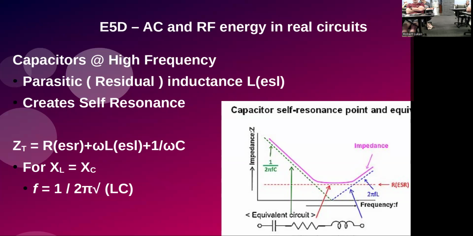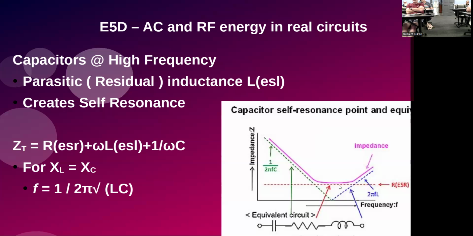This chart is kind of showing over the frequency range what happens as you approach the resonant frequency of those parasitic components, the capacitor itself, and that inductance in the leads and the way the electrolytic conductor itself is made.